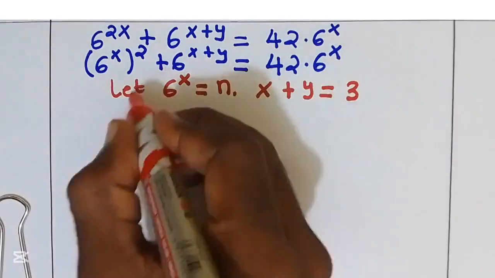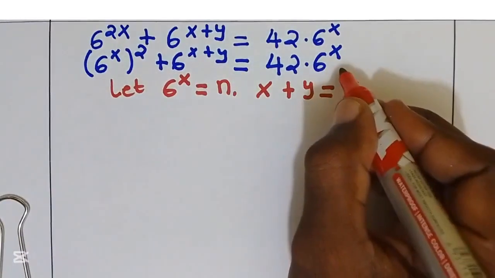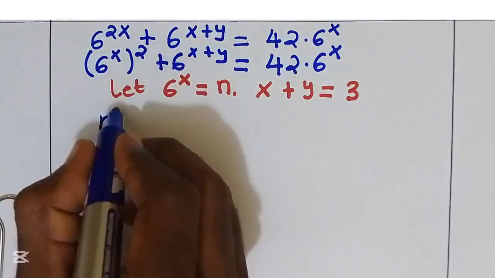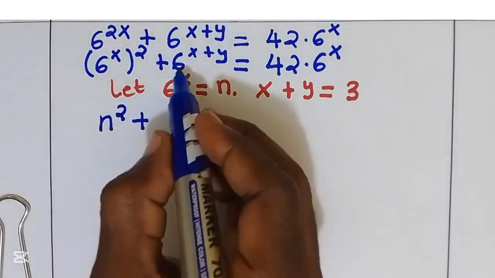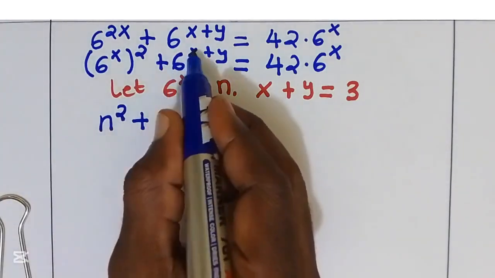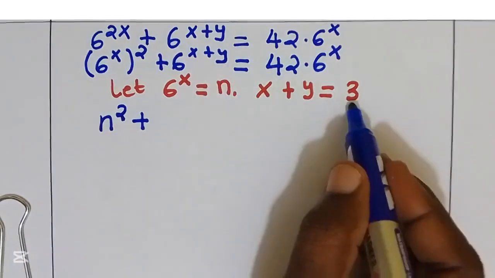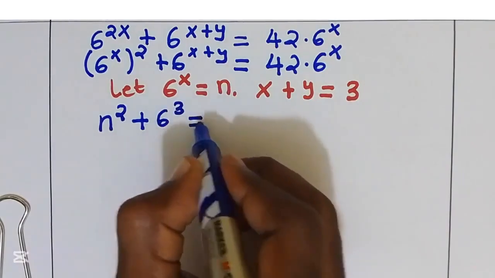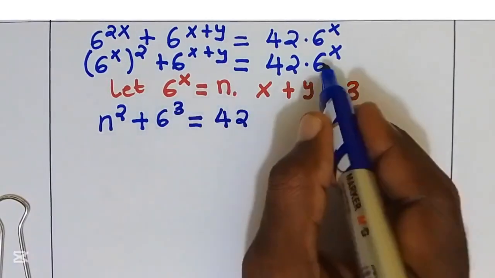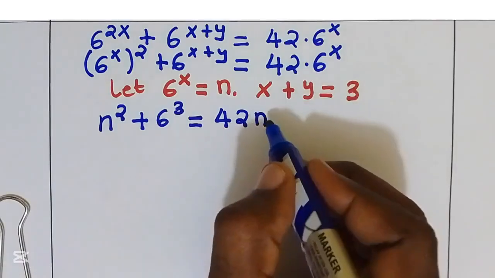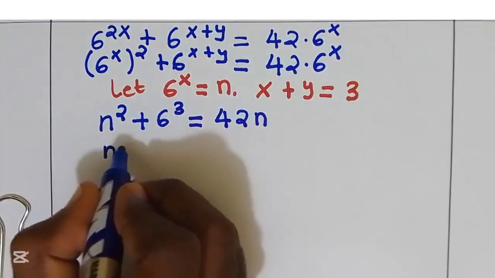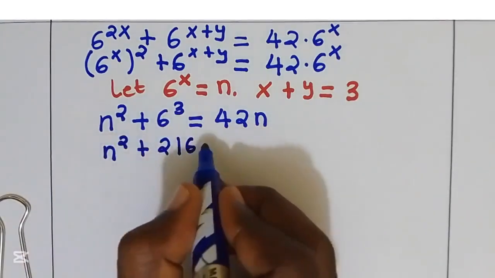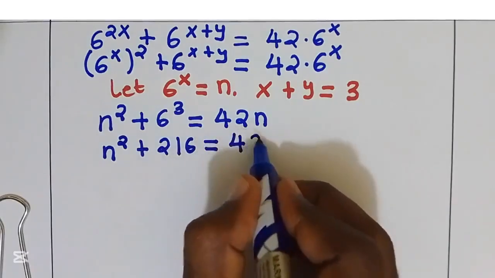I'm going to substitute this into this equation. 6 power x is n, so n square plus 6 power x plus y, but x plus y is equal to 3, that is going to be 6 power 3, this is equal to 42 times 6 power x, which is n. Now, n square plus 6 cubed, which is 216, is equal to 42n.